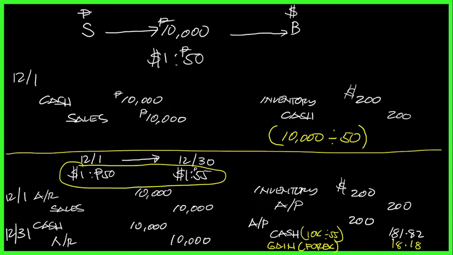Okay. Take note that there's no gain or loss if your reporting currency is the same as the currency used in the transaction. If your transaction is denominated, that's the term, in the currency that you are using to prepare financial statements, there is no gain or loss.